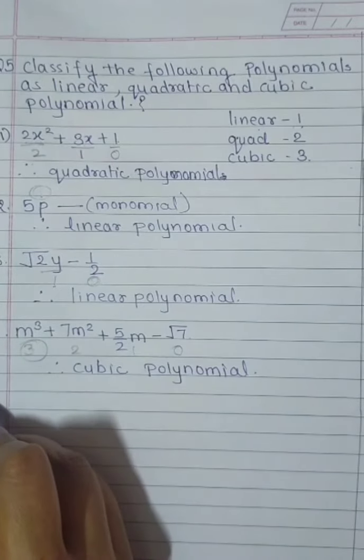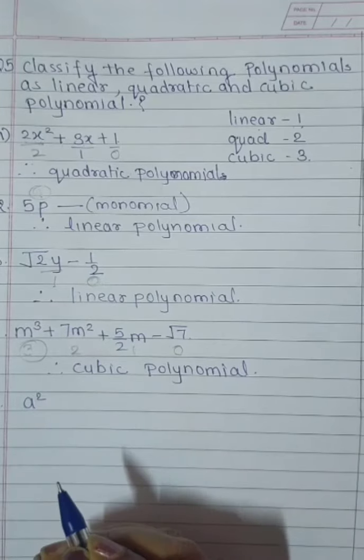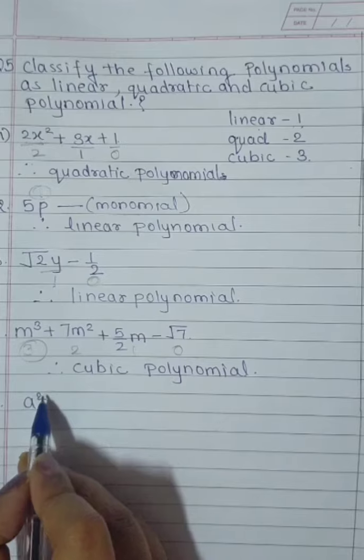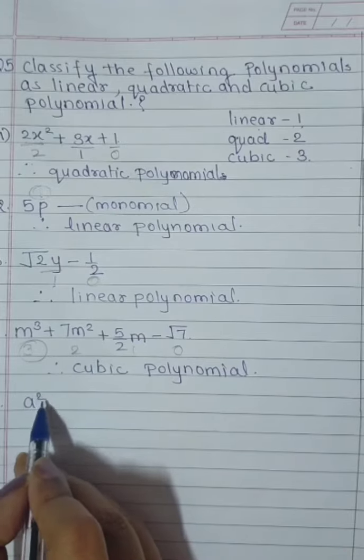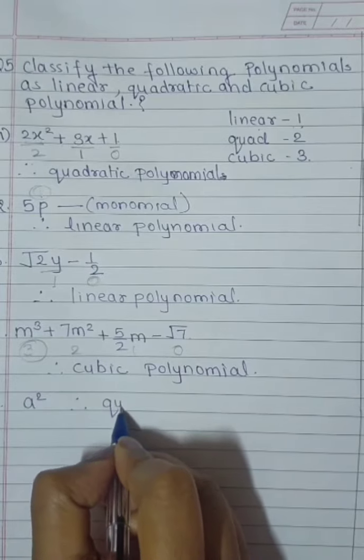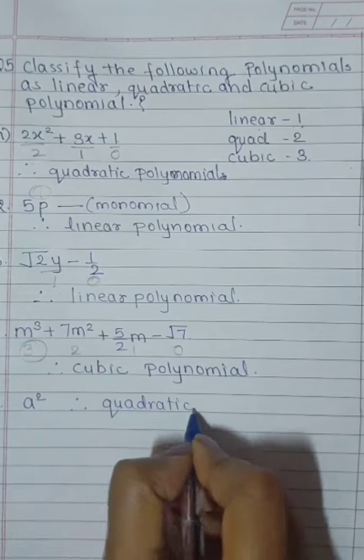Now the fifth one is a square. A square means the power, the degree we have, is 2. So therefore it is a quadratic polynomial.